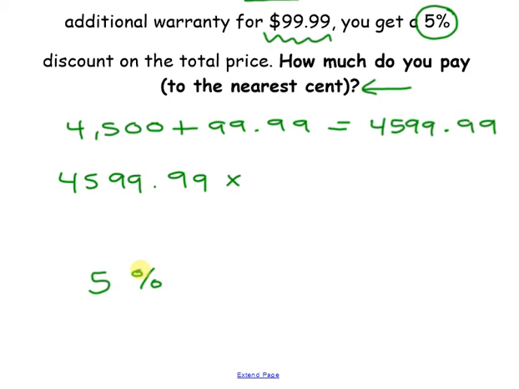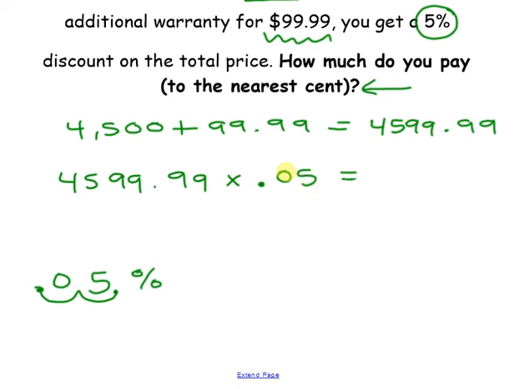Think carefully. How many spaces back do you move the decimal? 2. You start here and you go 1, 2. What happens to this empty spot here? If you said you put a 0 there, you're right. So we multiply times 0.05.